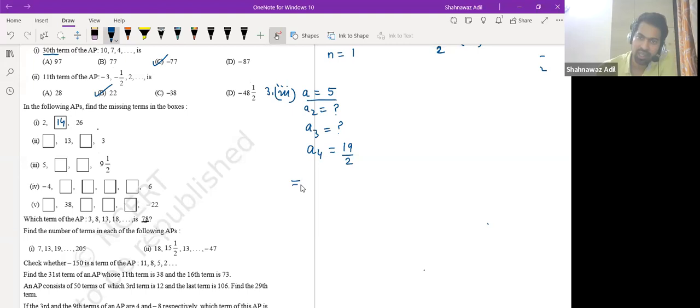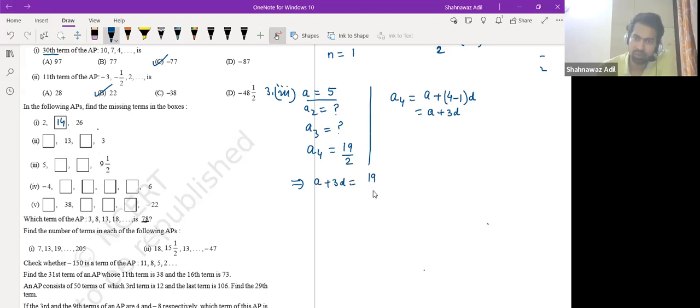And what can we write about A4? From the nth term, how can we write A4? A plus n minus 1 into D. So A plus, n is 4, minus 1 into D. So this is A plus 3D, right? So A plus 3D is 19 by 2.